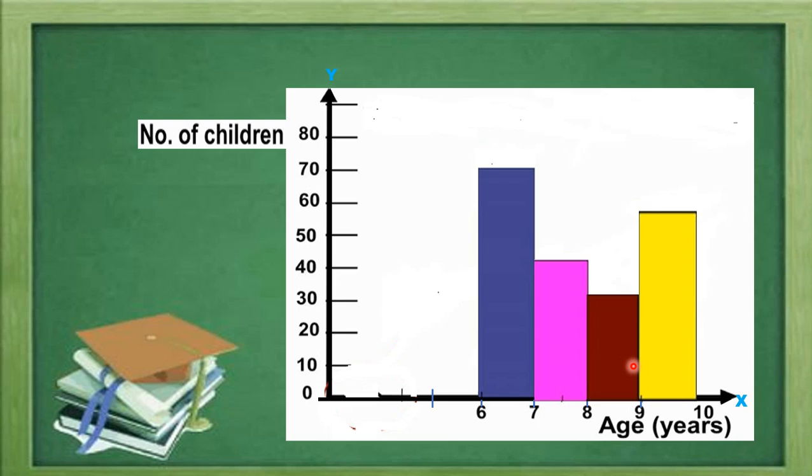So what is the main difference between the bar graph and the histogram? In the bar graph there is a gap between the rectangles, and that gap is the same, with uniform width, whereas in the histogram there is no gap between the bars.